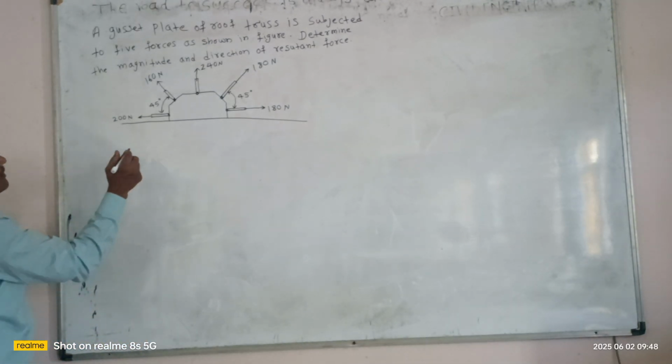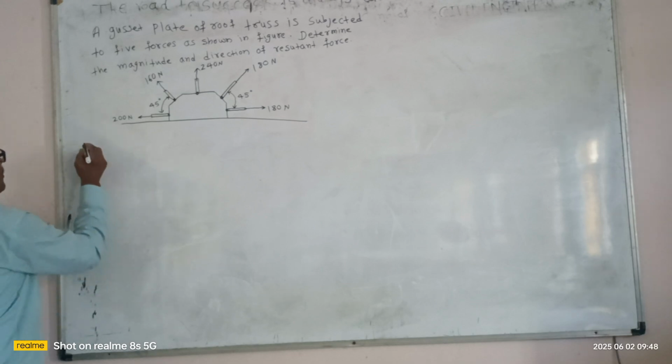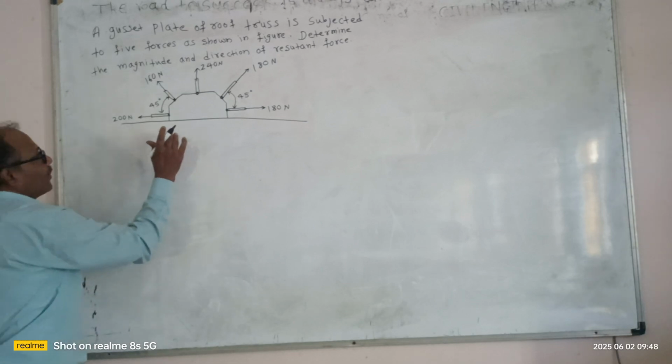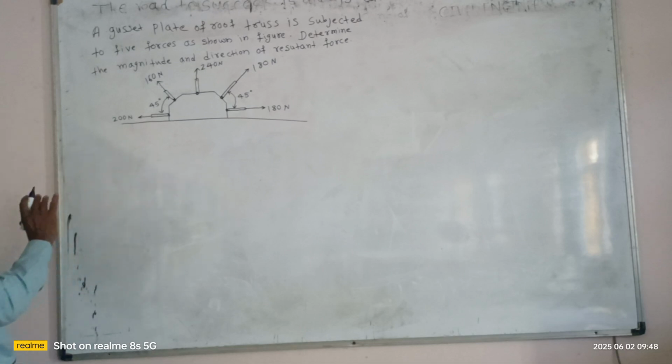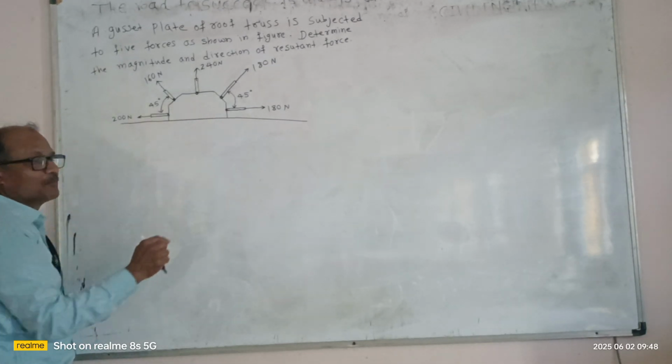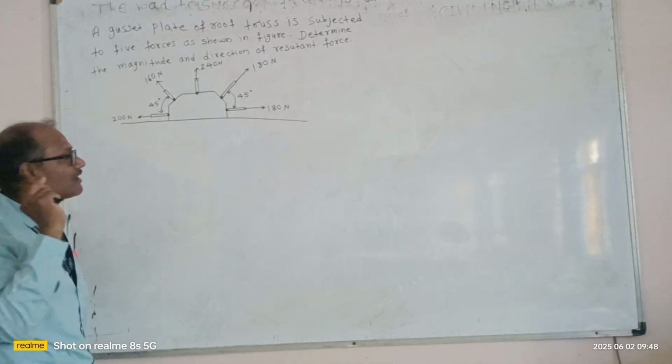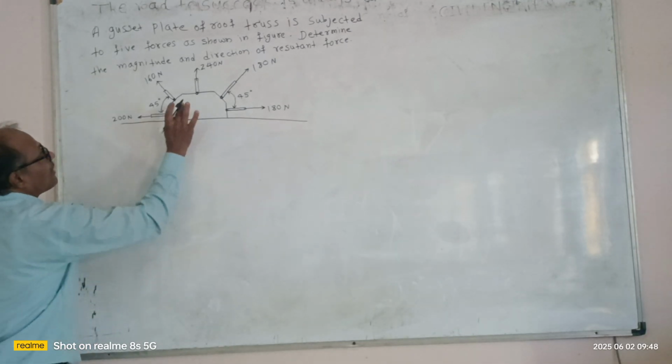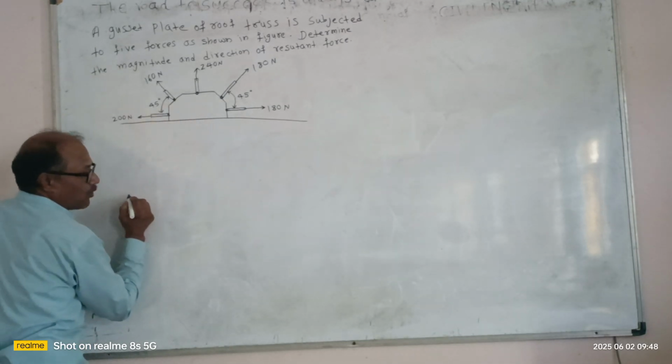So first of all, we have to draw a simple diagram, or we have to consider this gusset plate as a particle or one single plate. So first of all, convert this diagram into a simple diagram for our convenience.